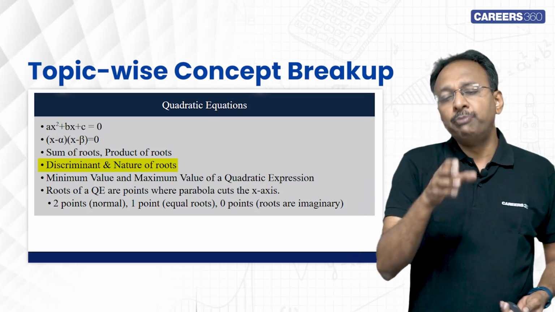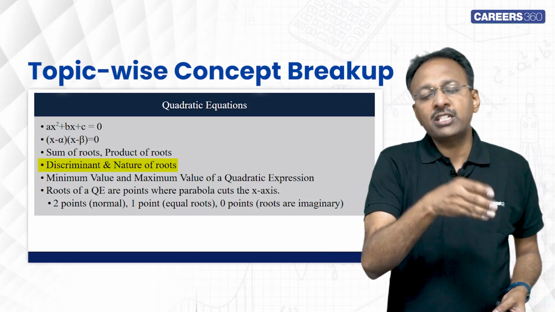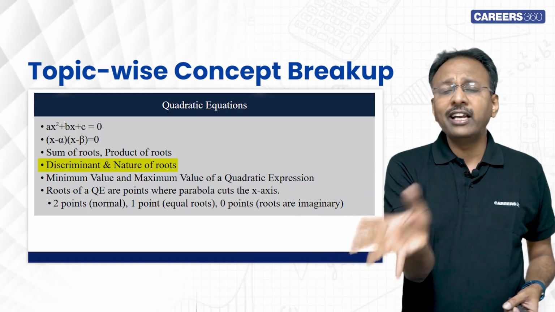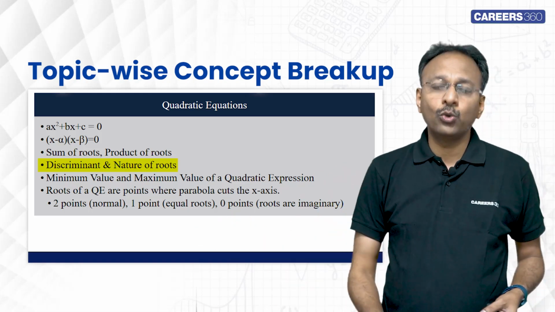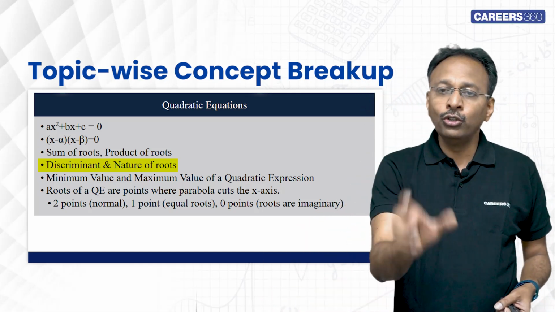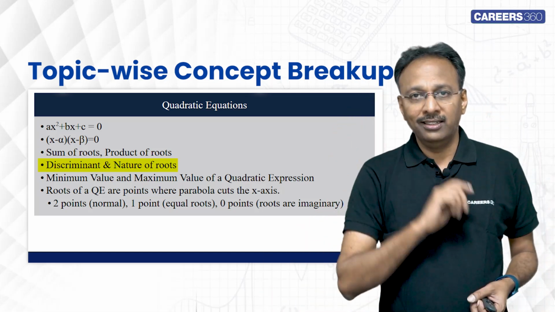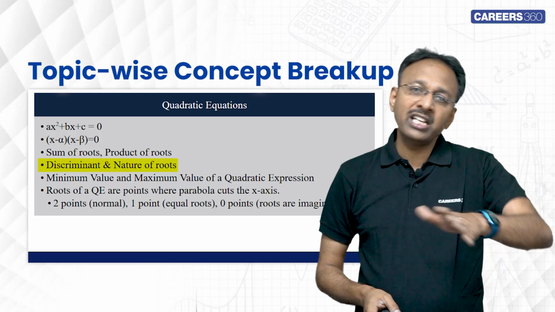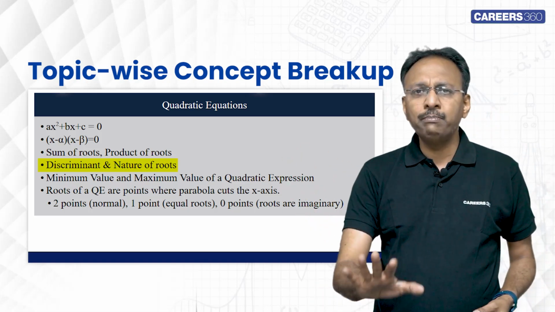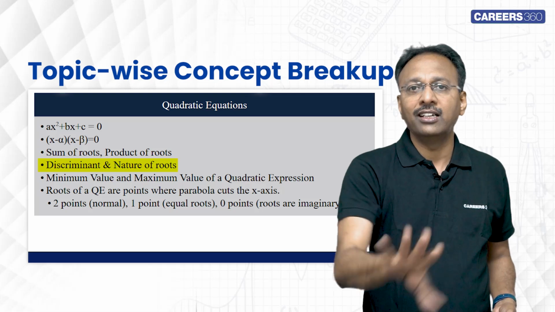If b square minus 4ac is 0, then you know that both the roots are equal. If b square minus 4ac is greater than 0, you know that the roots are real. And if b square minus 4ac is less than 0, the roots are imaginary. 99% in the CAT exam, you will never get the third one.